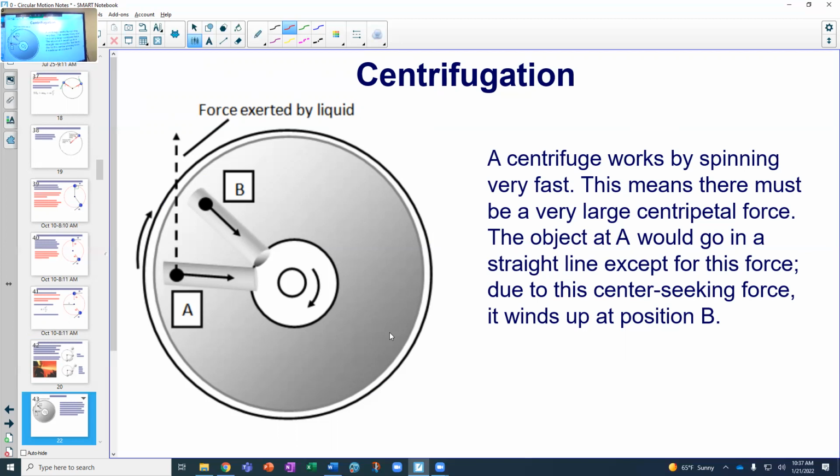As they're trying to go straight, the test tube slams them back, and they try to go straight, the test tube slams them back. And the test tube is actually pushing them to the center. And it's really kind of creating an almost artificial gravity where the denser things end up on the outside. Gravity in this case is the outside direction. Gravity normally is the mass drawing us to the center, right?